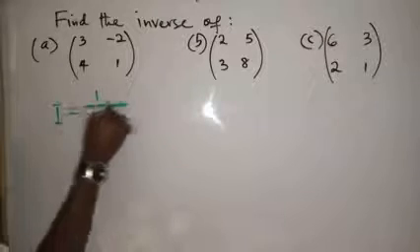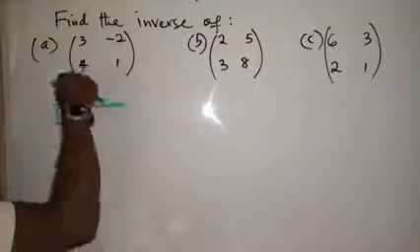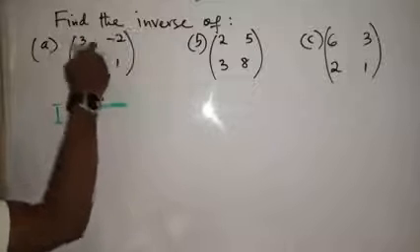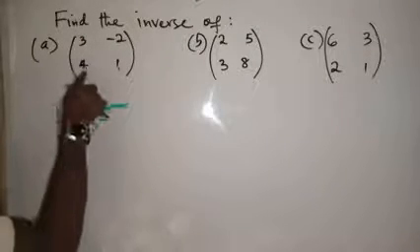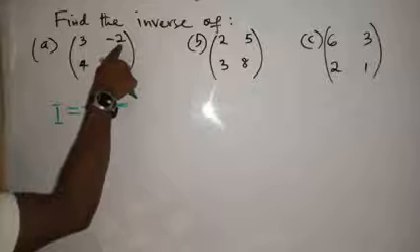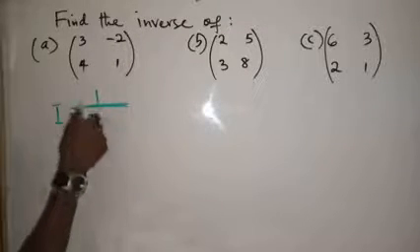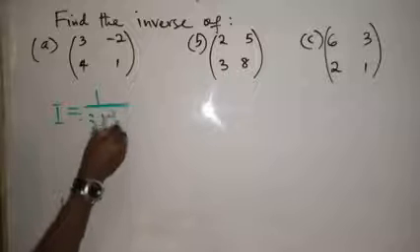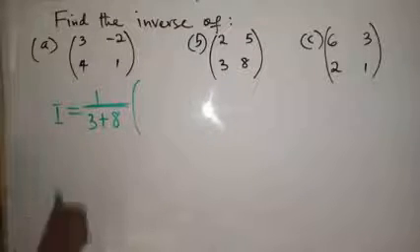The determinant, if you remember what we did, is the leading diagonal minus the other diagonal. When you multiply this by this, you get 3, minus this by this, which gives minus 8. There's a minus in the formula already, so by the time I add 8 to it, it is going to be 11.